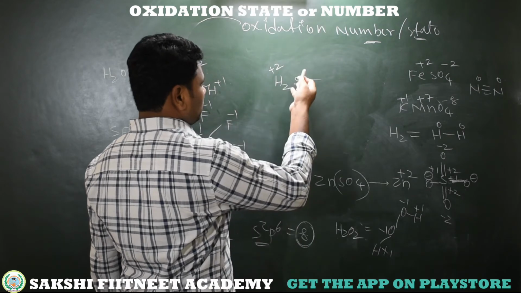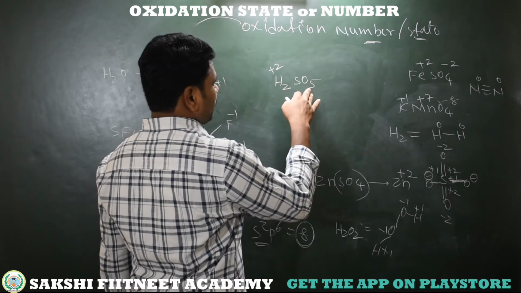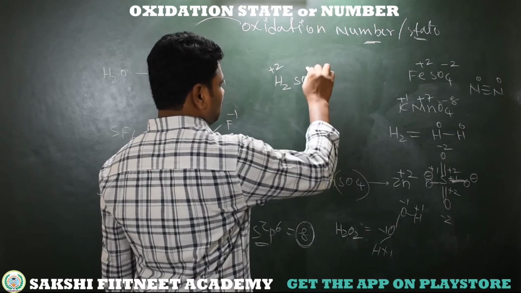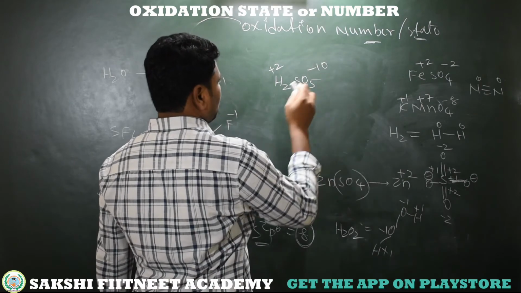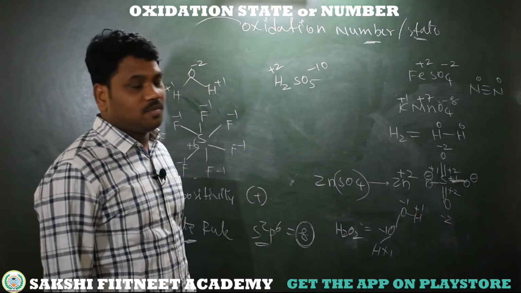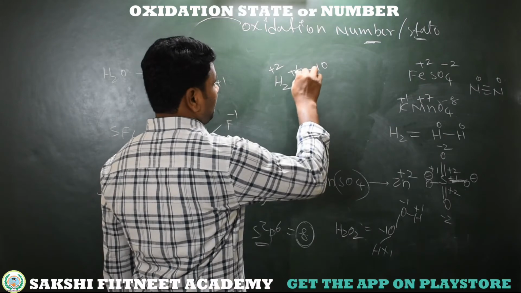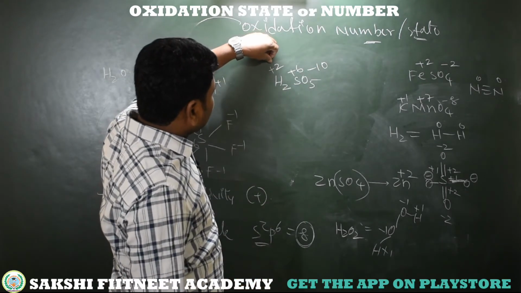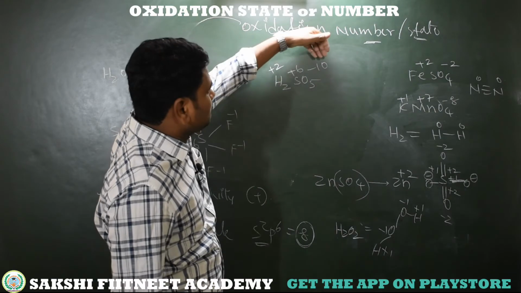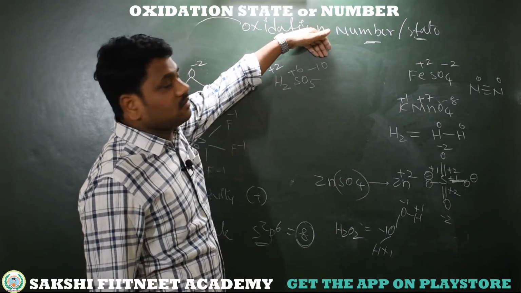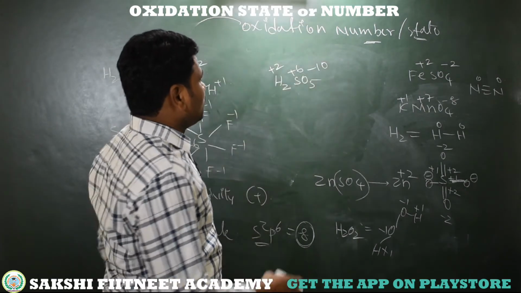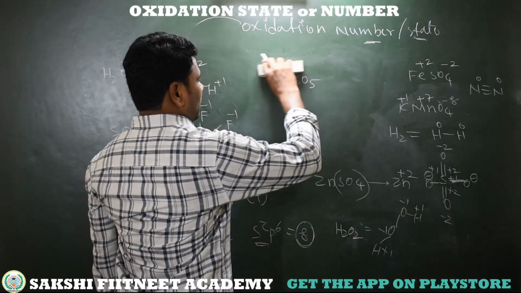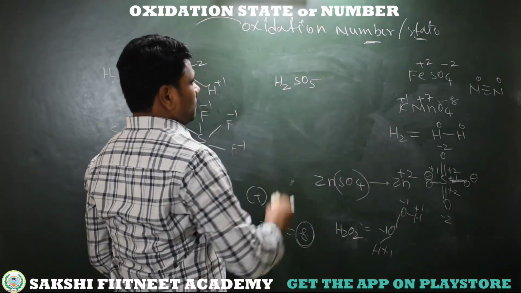Each hydrogen +1, so +2, oxygen -2, so total -10. Sulfur belongs to 6th group, so it can give up to +6. So let me neutralize these charges, +2 +6, it's +8 -10. It's not neutral, so it's not getting neutral. Actually this is not the correct way to give an oxidation state for elements.